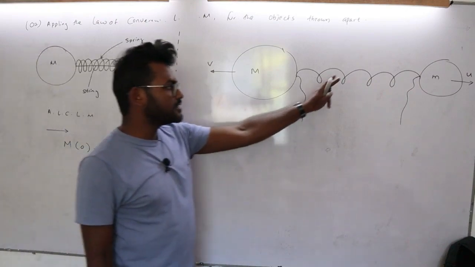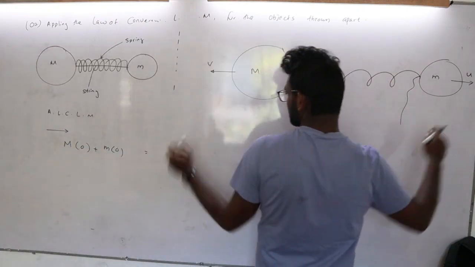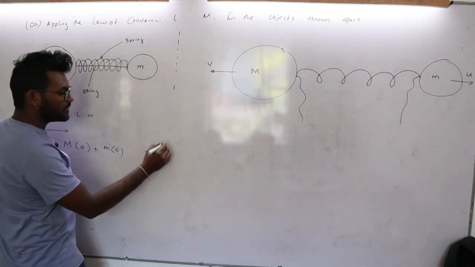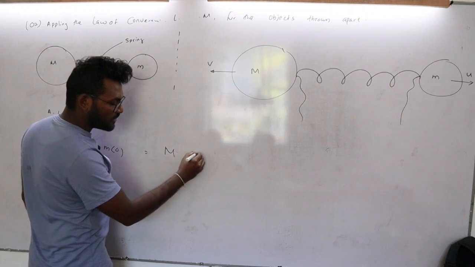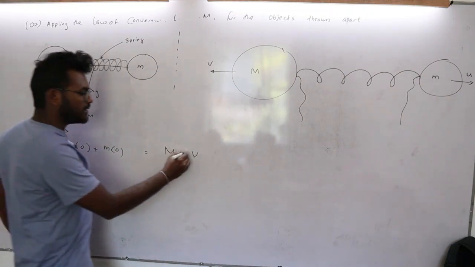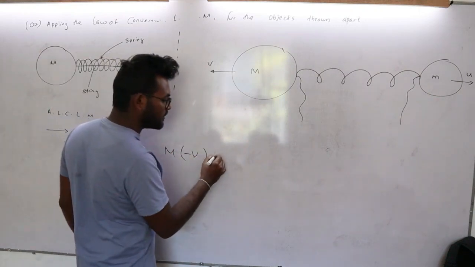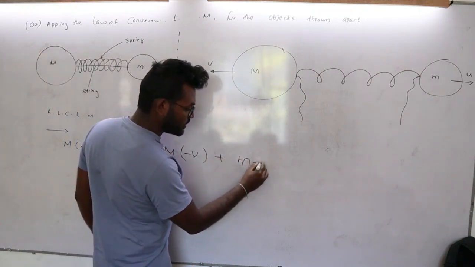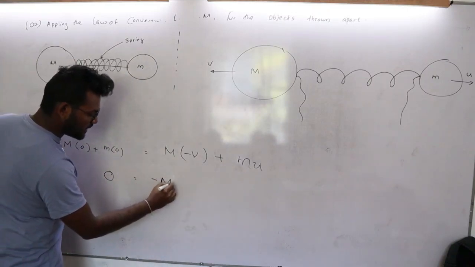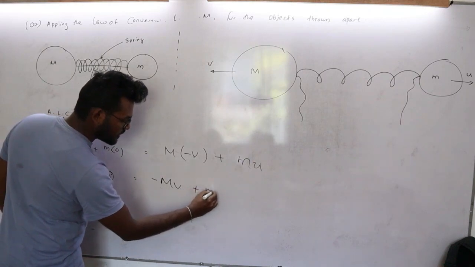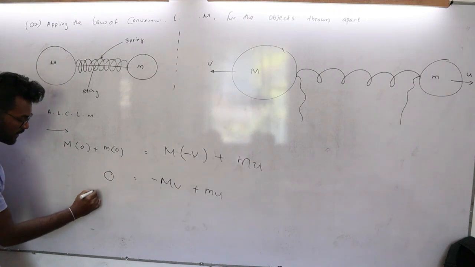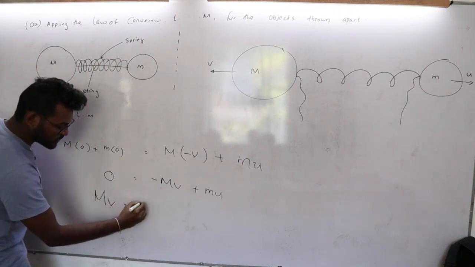After this string is cut, both of them shoot out. Capital M is having a velocity v, but you can see that I have applied it to this side, and this v is to the other side, so it is minus v. Plus m times u. So I get 0 on this side, that is minus Mv plus mu, right? So I can take this mu to this side, Mv equals mu.